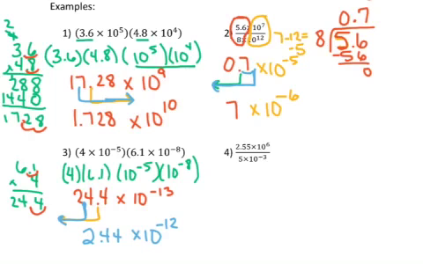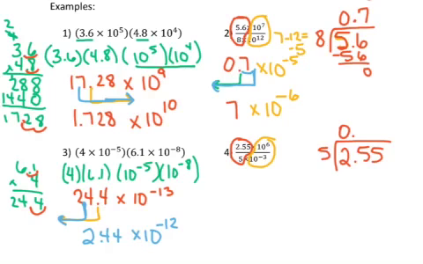All right, and then the last example, example 4, we have 2.55 divided by 5, and we have 10 to the 6th divided by 10 to the negative third. So let's do the division first. 2.55 divided by 5. 5 goes into 2 0 times.